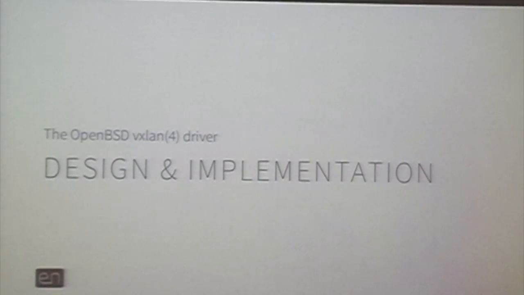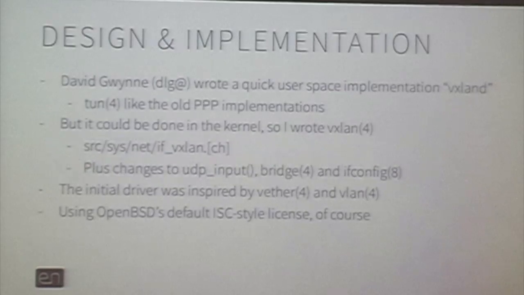So let's talk about the implementation in OpenBSD. David Gwynn from Australia, he's using OpenBSD in a large university network, and most of his machines are running on VMware ESX servers. And the additional evil is they have VMware and Cisco networking infrastructure.